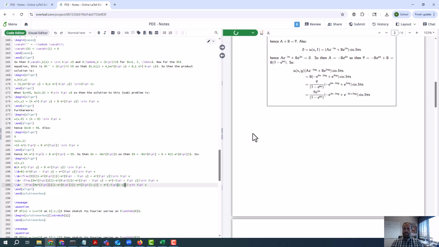Okay, so let's see how that looks. Let me make sure I did this right. So 3 pi minus 3 pi y, yep. I'm going to have a 3 pi y, yep, and a minus 3 pi. Okay, so now this looks a little more symmetric. And I can continue. Really, this is just to make things look a little bit nicer, completely optional.